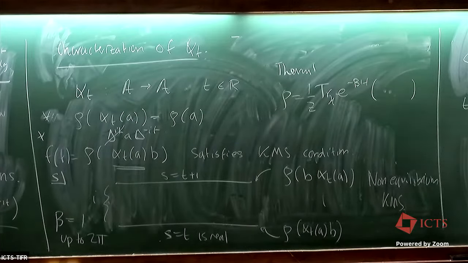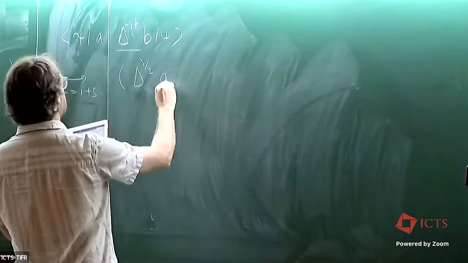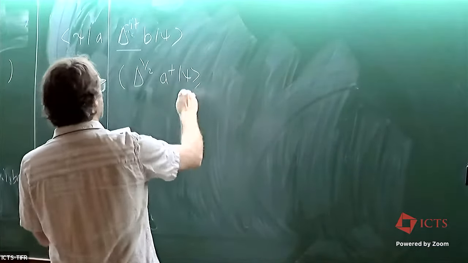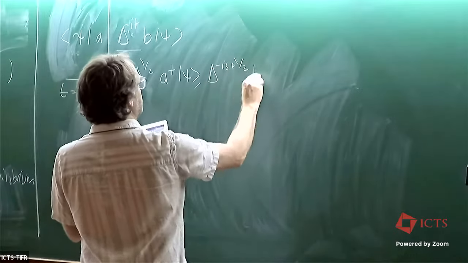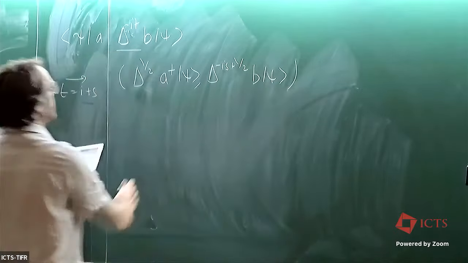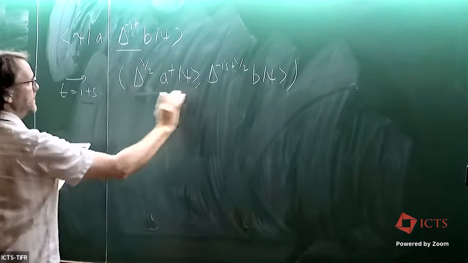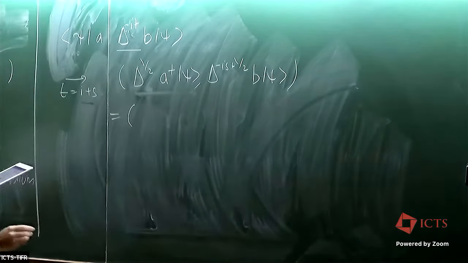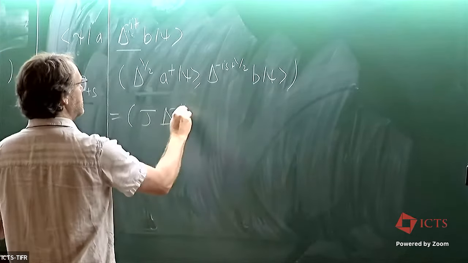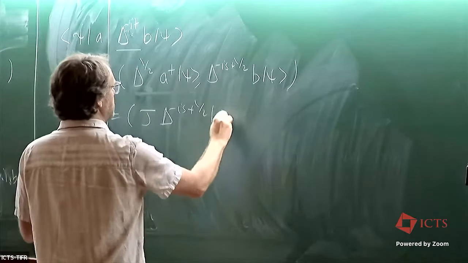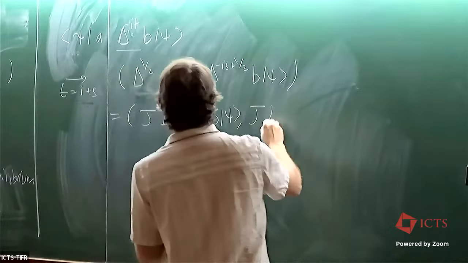This gives me powers of delta to the 1/2, 2 powers of delta to the 1/2, so I'll write it like this, as an inner product, delta to the minus is, B psi. And then I can use the anti-unitarity of J to put in J's here. I just have to flip the order. J.